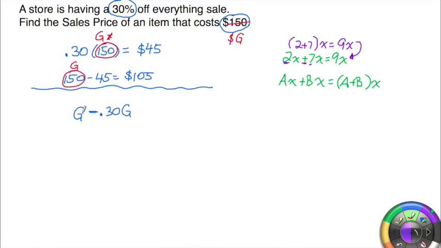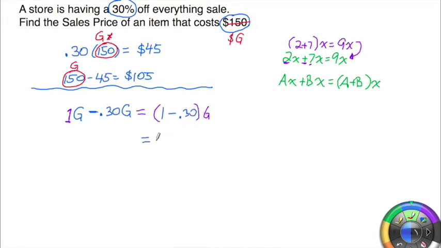Well, here you have like terms, g, and the number in front of g is 1, so what you can do is you can kick the g out. And left behind is this 1 minus 0.3. I'll write it as 0.30 because most people will.